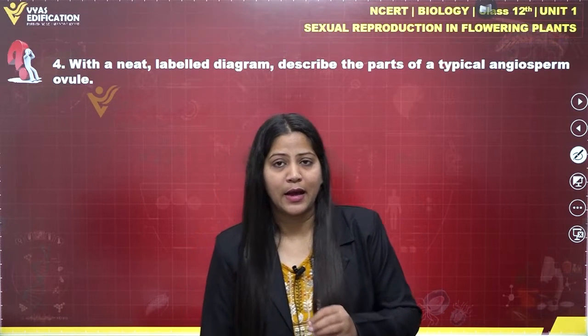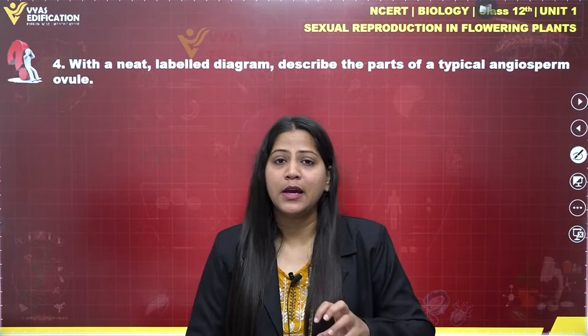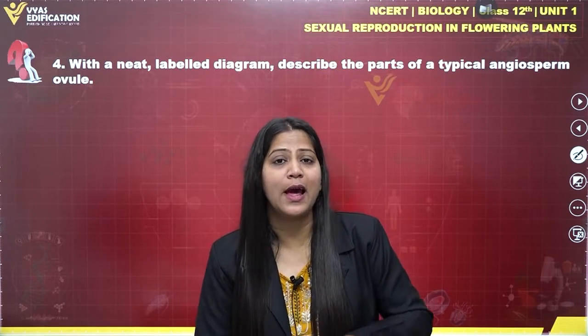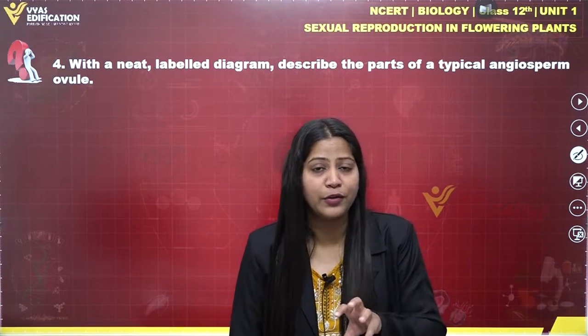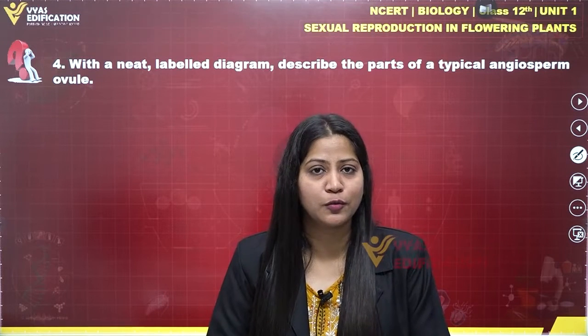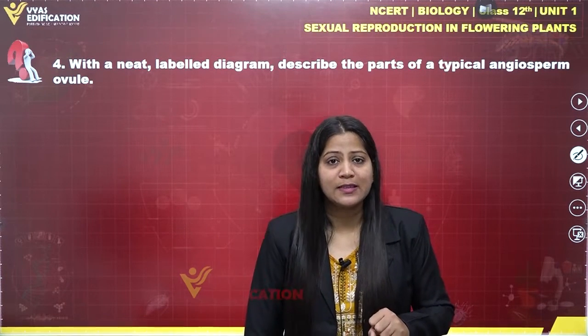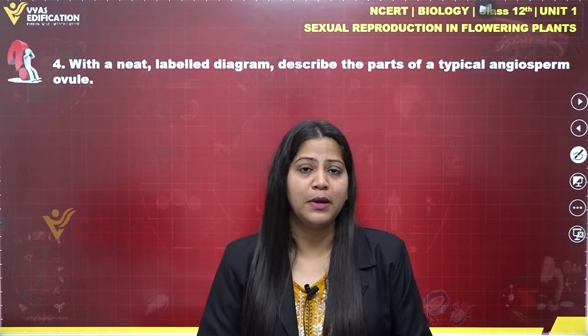Ovule is an integumented megasporangium, and in angiospermic plants, the ovule is enclosed within an ovary, present inside the ovarian cavity, whereas the ovule is not enclosed by an ovary in gymnospermic plants.